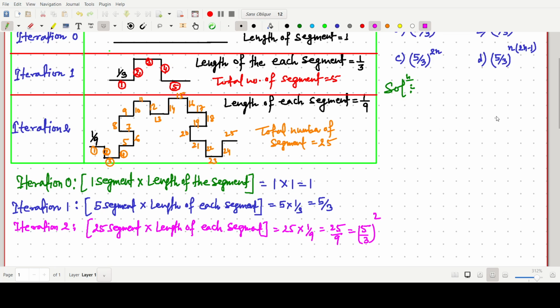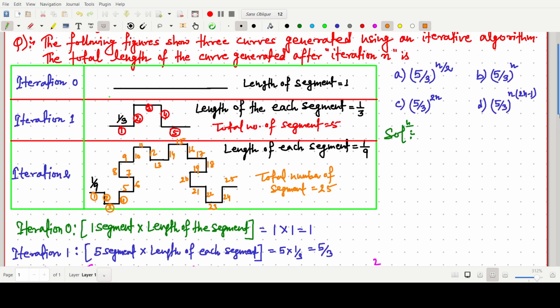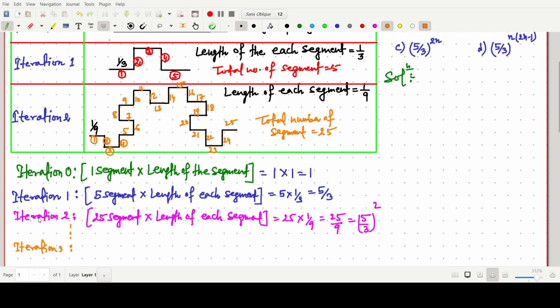So like that, if we go for iteration n, because in the question they are asking for iteration n, it should be, for iteration 2, 5 by 3 whole square.